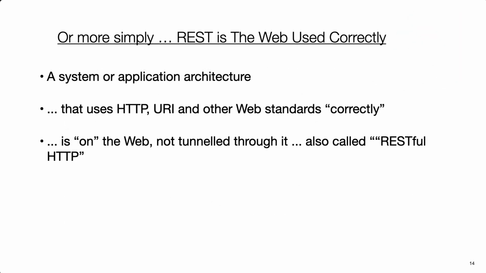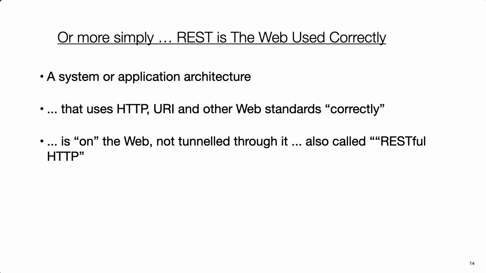REST then, if we're trying to get a handle on it, is basically leaning into the HTTP URI and the way web standards already work, rather than using the web and tunneling through it with different concepts and implementations.